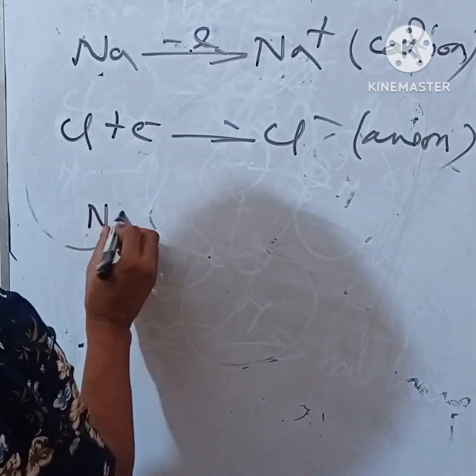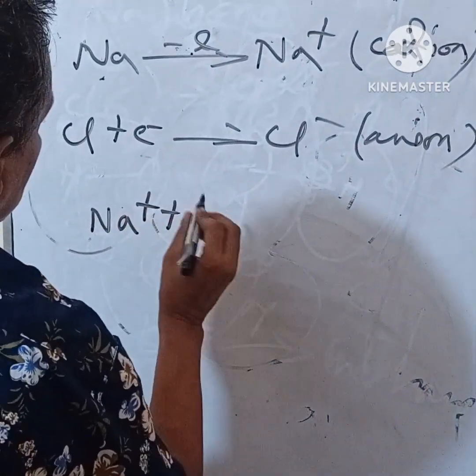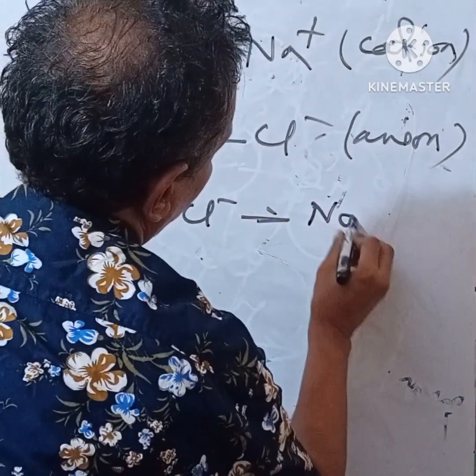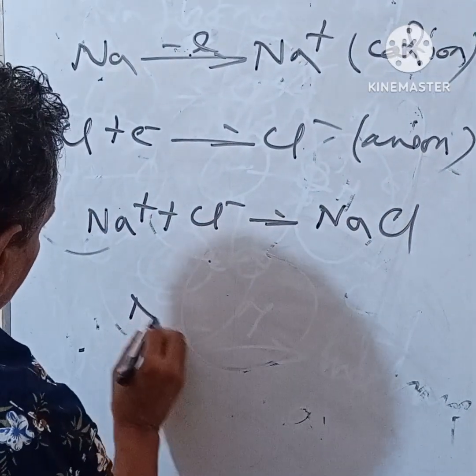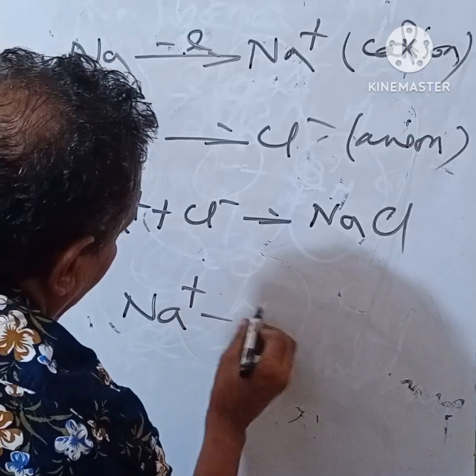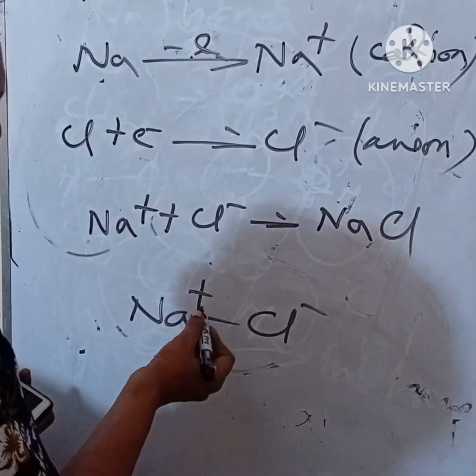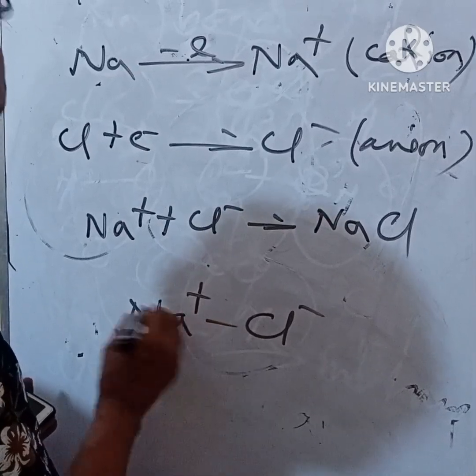Then sodium ion and chlorine ion make sodium chloride, and between the sodium ion and chlorine ion there is an electrovalent bond.